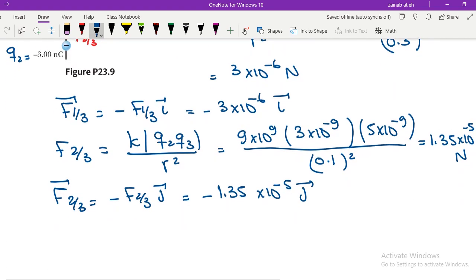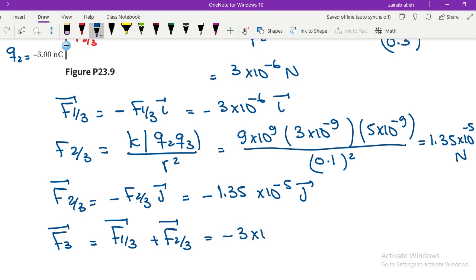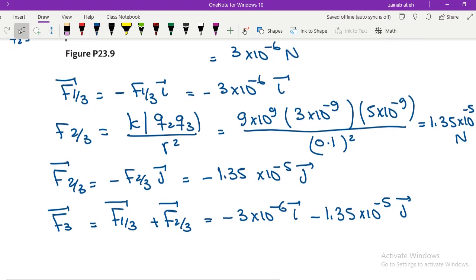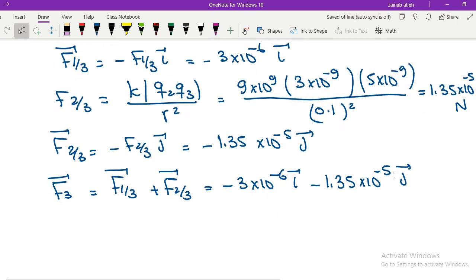So F3 is equal to F1 on 3 plus F2 on 3, which is equal to minus 3 times 10 to the power minus 6 i minus 1.35 times 10 to the power minus 5 j. Okay, done. I cannot add them because one of them is along i and the other is along j, so they will remain like this.